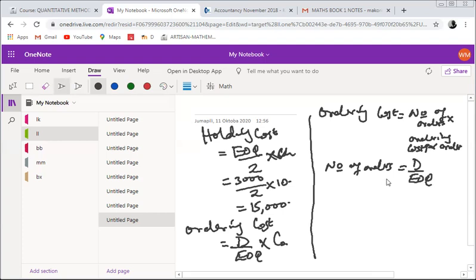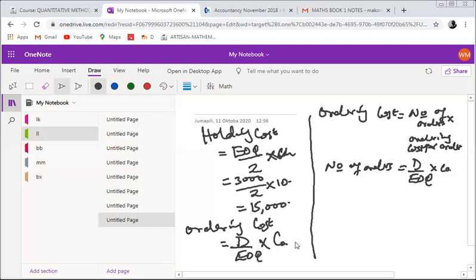Note that anytime you are asked about the number of orders that are going to be made in a year, it is actually D over EOQ. So if we get the number of orders, then we multiply by the cost of ordering, which is actually CO. So that is where this formula is coming from.